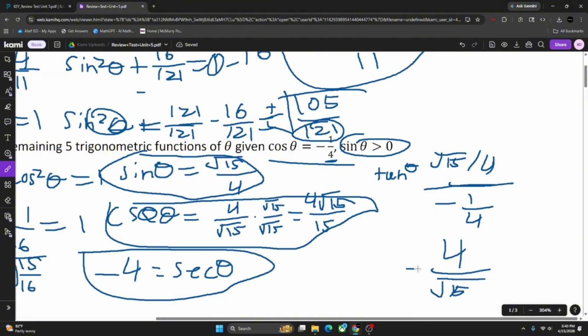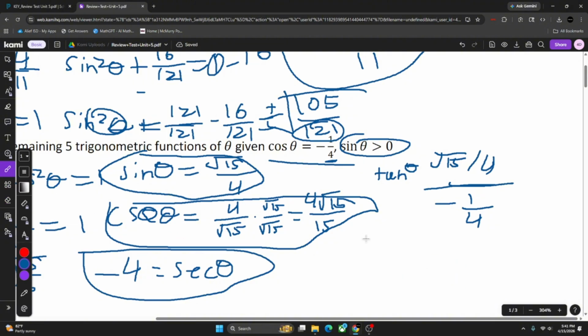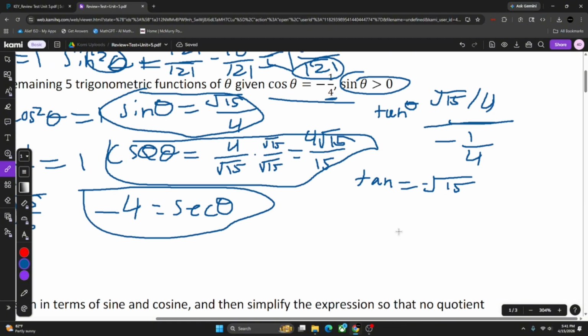Negative, I think. No, I got it wrong. It's just square root of 15, negative. I don't know why it's negative, but it is.